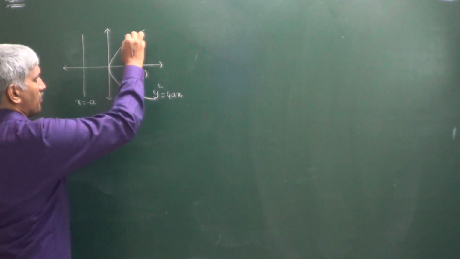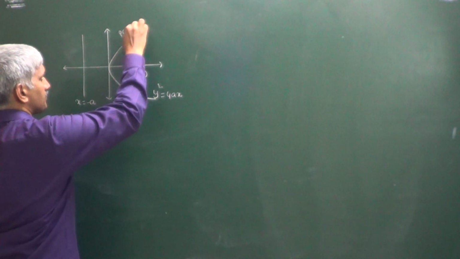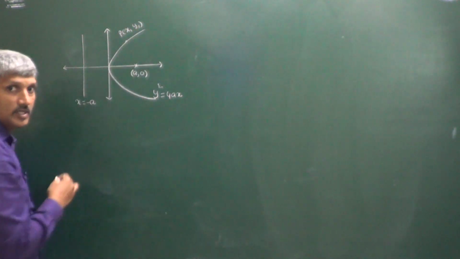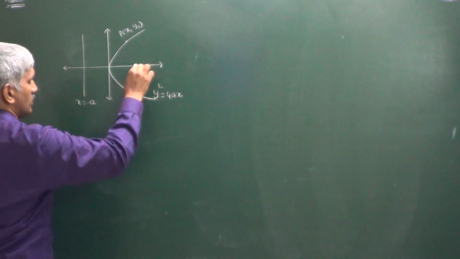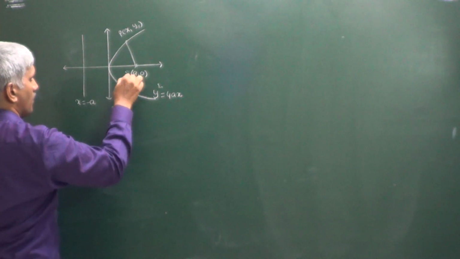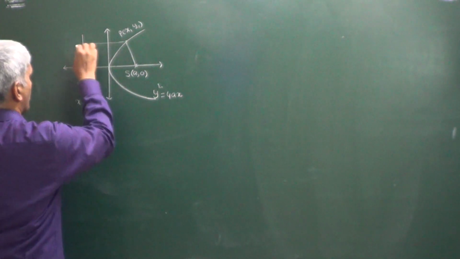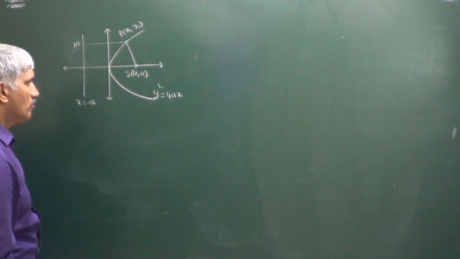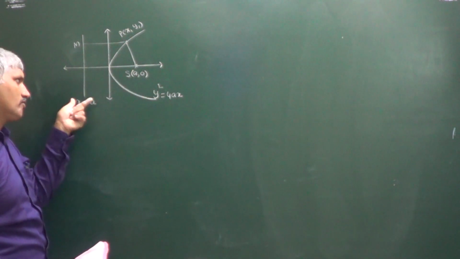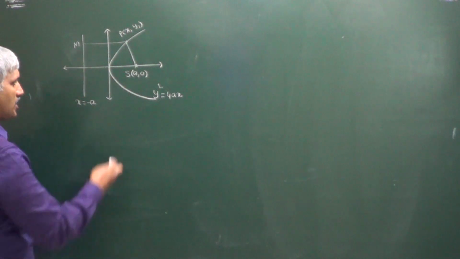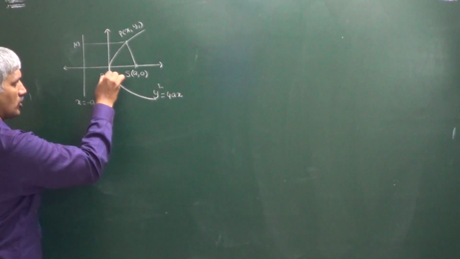Here there is a point P x1 y1. SP is equal to PM. The focus is a comma 0, the equation of the directrix is x is equal to minus a, and the vertex is 0 comma 0.